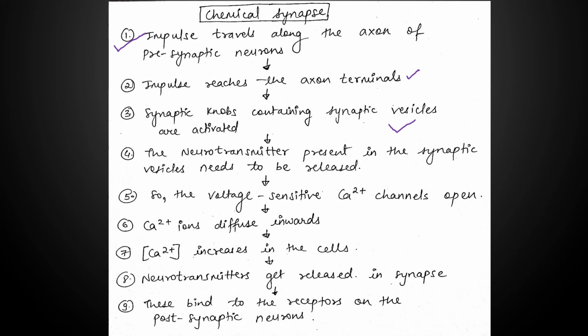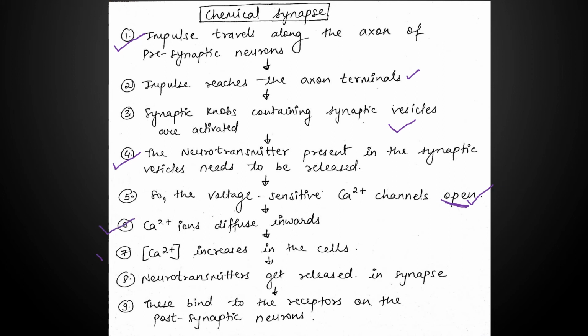The neurotransmitters which are present in the synaptic vesicles need to be released, and this will only happen when the voltage sensitive calcium ion channels are going to open up. So once the signal is received by these vesicles, the calcium channels are going to open and calcium ions diffuse inwards.